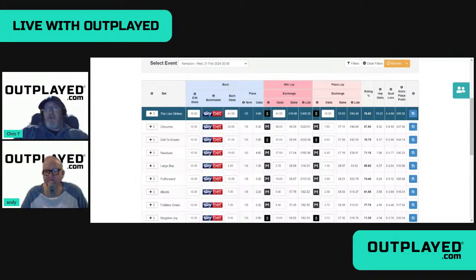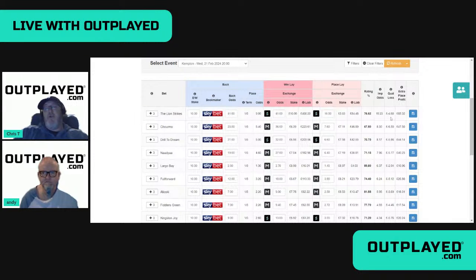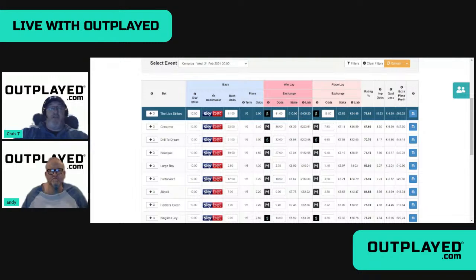Now, it's not far off. So doing a £10 each way bet, so £10 on the win and £10 on the place with Sky, and then doing a lay stake of £10 on the lay odds of 41 for the win and £5.63 on the place odds would give us a qualifying loss of £4.68 if the horse finished first, second, third, or if it finished 5th, 6th, 7th, 8th, 9th, 10th, 11th, or 12th.